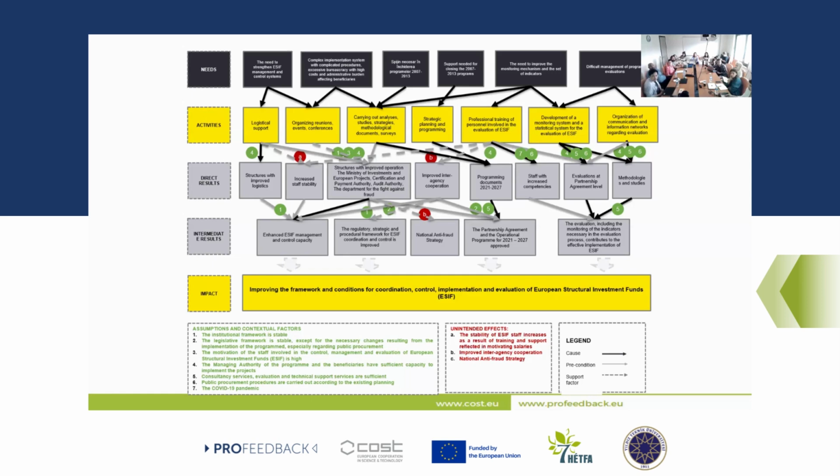And if you put in the assumptions, the numbers and the other things, it will be more of a logical framework plus theory of change. So if we have this kind of model without the assumptions and without the numbers, it's more logical framework, but we still say it's a theory of change.